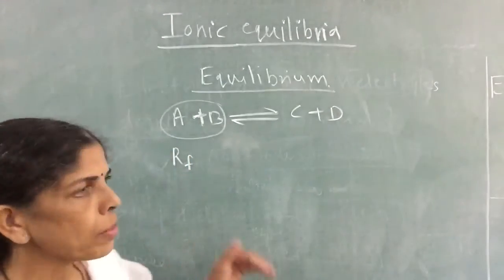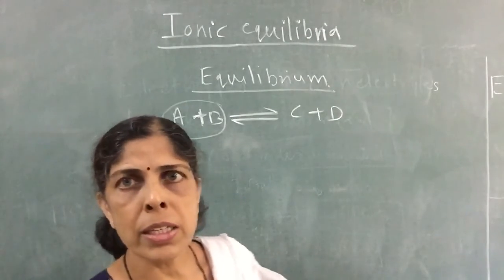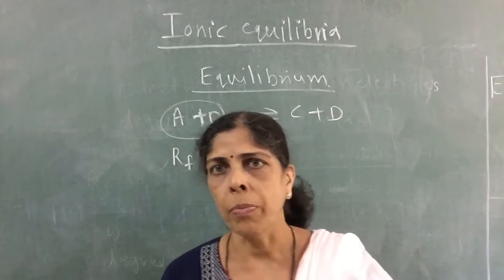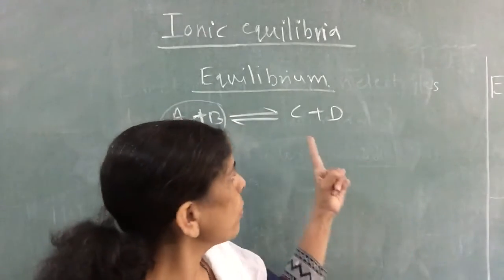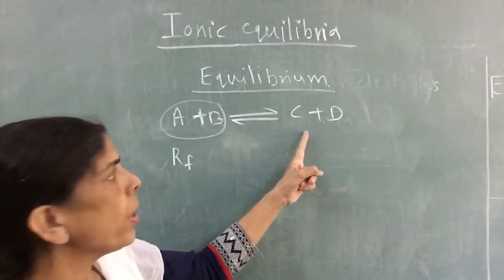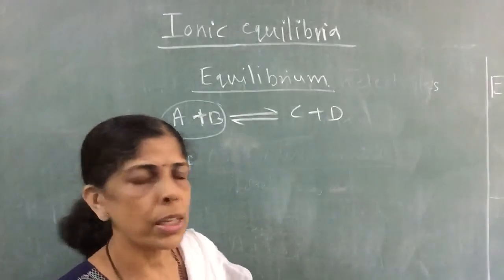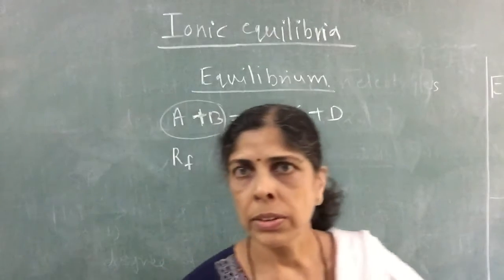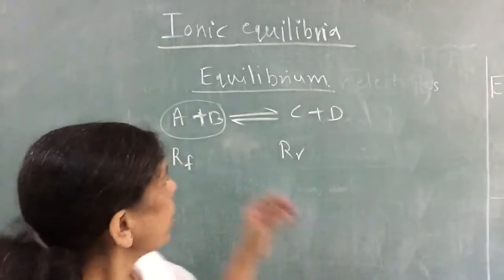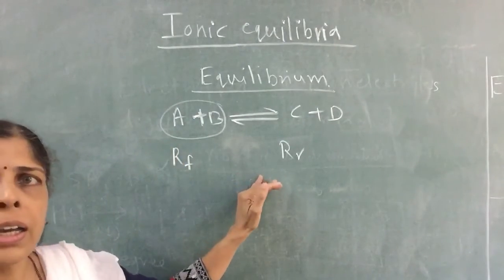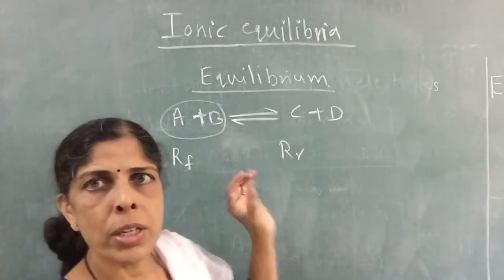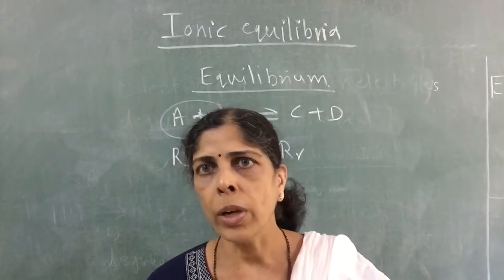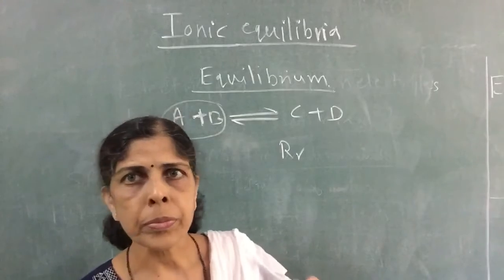As time passes, more and more products, C and D, will form, and therefore their concentration will start increasing and the rate of reverse reaction will start increasing. At the same time the rate of forward reaction will start decreasing because the concentration of A and B is going to decrease.